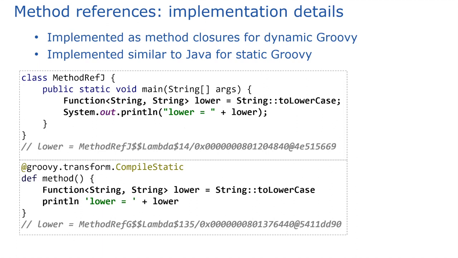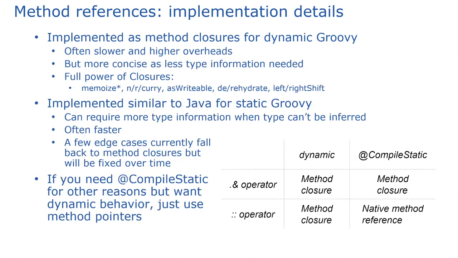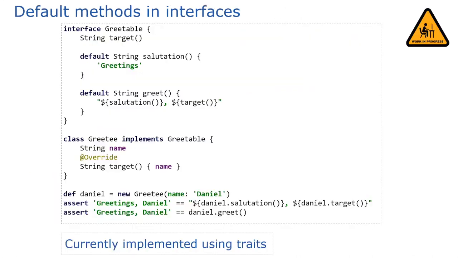So you can either have efficiency or flexibility, and we give you that option. It's using the LambdaMetafactory, which if you're familiar with bytecode, you'll know what that's all about. If you want the fully native one, use compile static and the double colon. If you want method closures, all the other columns will be applicable for you. So that's a nice thing to know about.